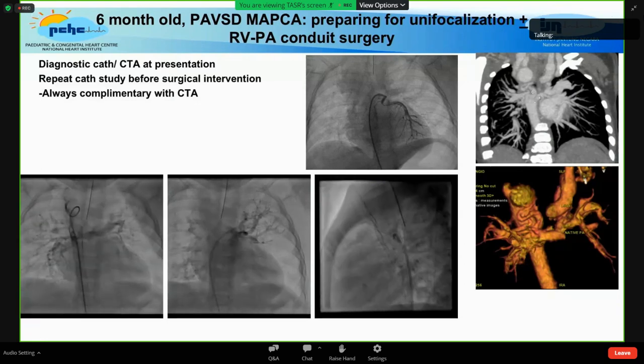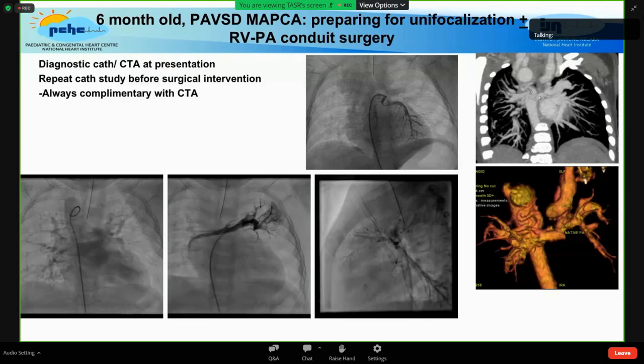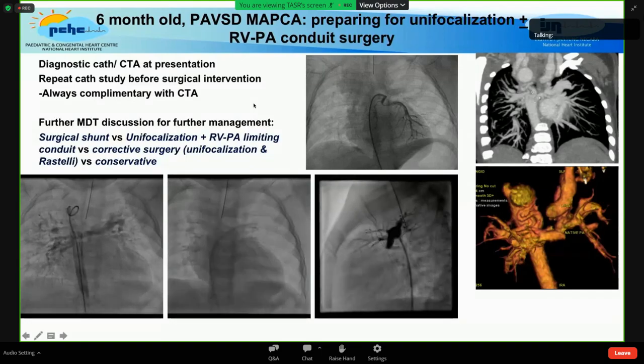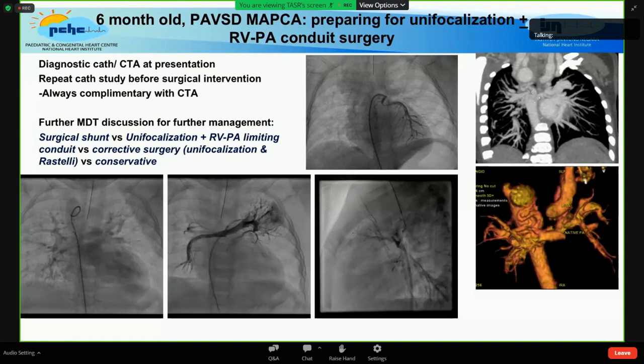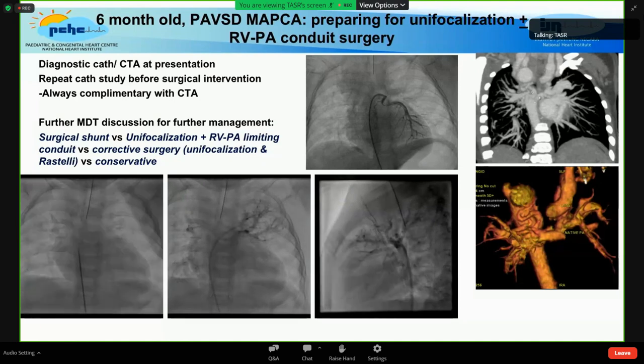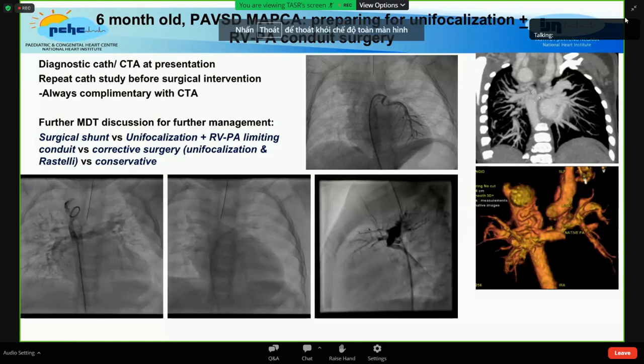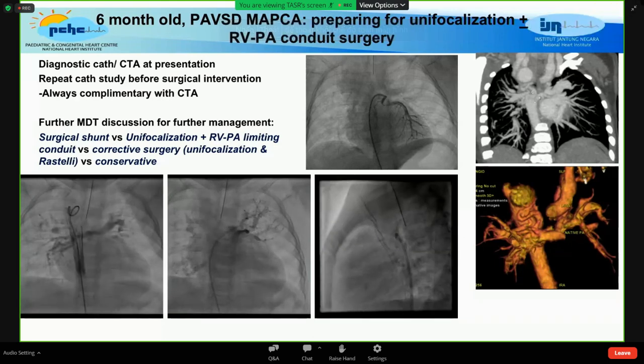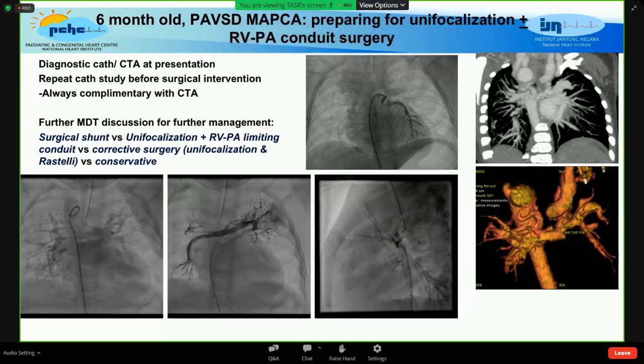And this is again complementary with CT scan. We always have our MDT discussion to decide on the further management of this group of patients: either surgical shunt versus unifocalizations, or a limiting RVPA conduit, or total corrective surgery, or if there is no native PA, the patient is decided for conservative management.